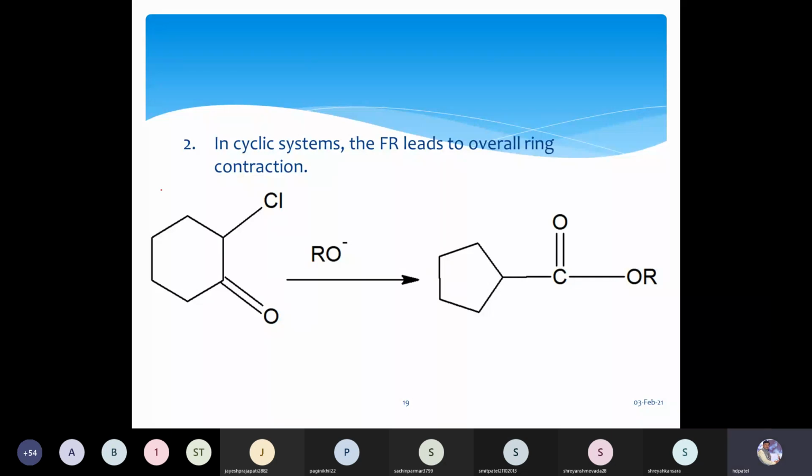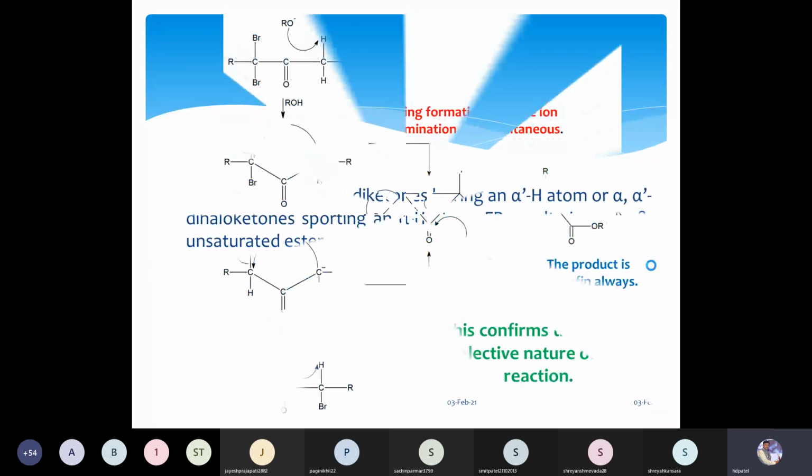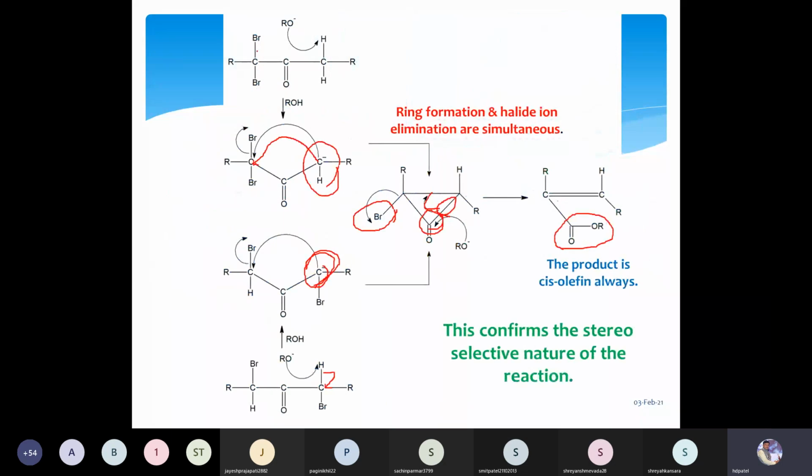Again, if you have a 6-member ring containing an alpha haloketone compound, then by Favorsky reaction we will get a 5-member ring containing ester. And here we have discussed that if you have alpha alpha or alpha alpha dash dihaloketone, by Favorsky reaction we will get the same product, that is called alpha beta ester.